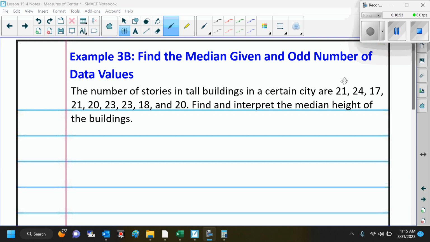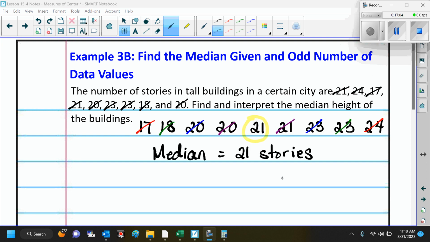Here, this again is find the median of an odd number of data items. You just put the data in order from least to greatest. I didn't even read the problem. It says the number of stories in tall buildings in a certain city are as follows.